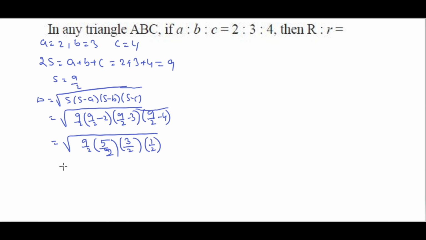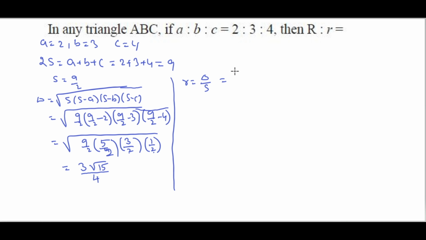Here root 9 is 3, 3 into 5 into 3 is root 15, and root 16 is 4 in the denominator. Delta is equal to 3 root 15 by 4.